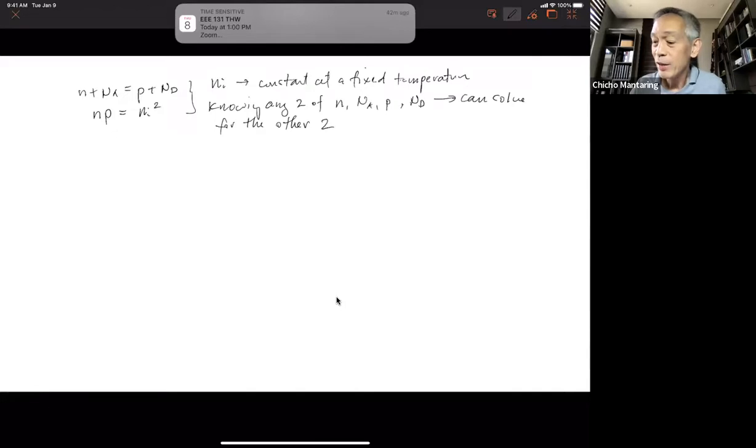So all you have to do is remember these two. I think you have a formula N is equal to (Nd minus Na) over 2 plus the square root of, and then there's such and such. That can be derived from these two.